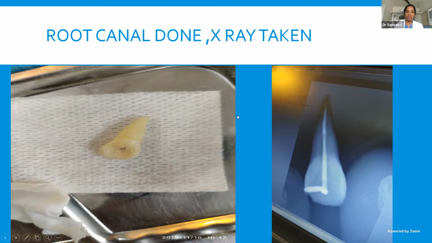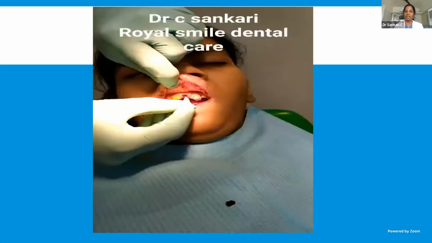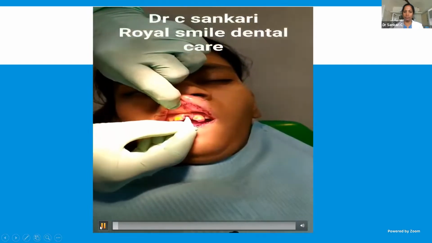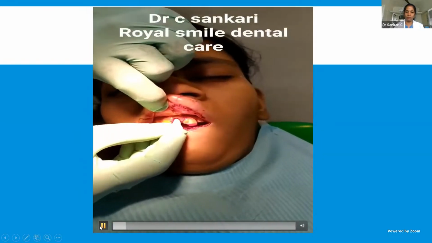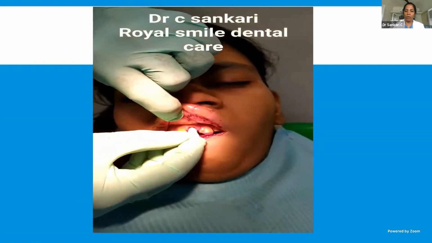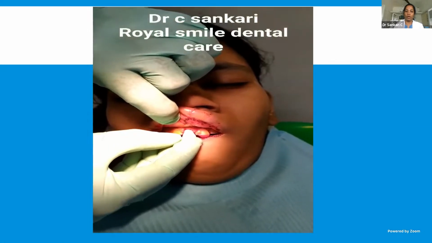Can you see this? After root canal treatment, I started inserting into the girl's socket. You can see now. Just slowly insert the tooth.